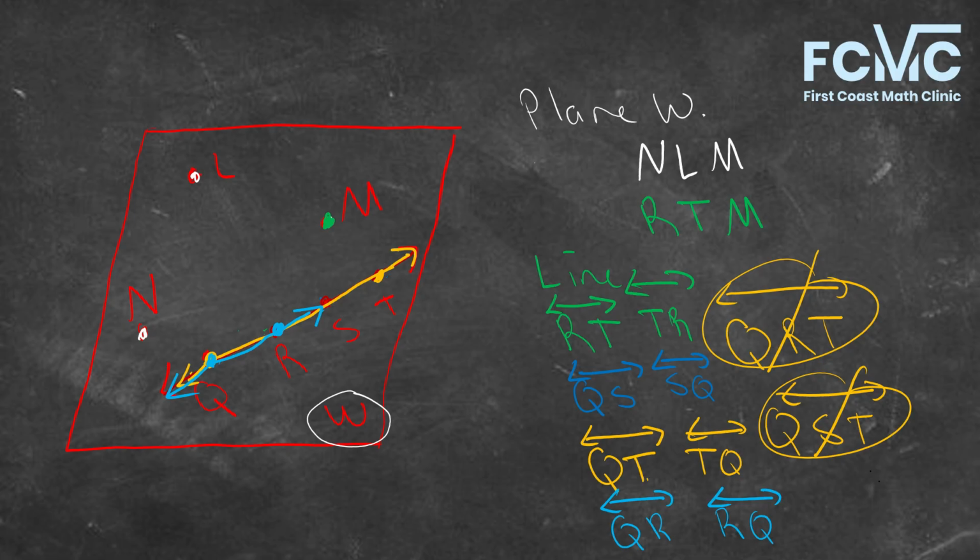Okay, but again, we don't want QRS, because again, it's redundant. If we're going from Q to R and it's a line, we're eventually going to get the point S. We don't need that S, so we're not going to do that. Okay? So there are a couple different ways that we can name this line here.